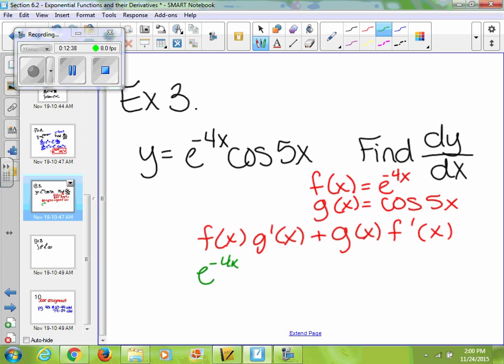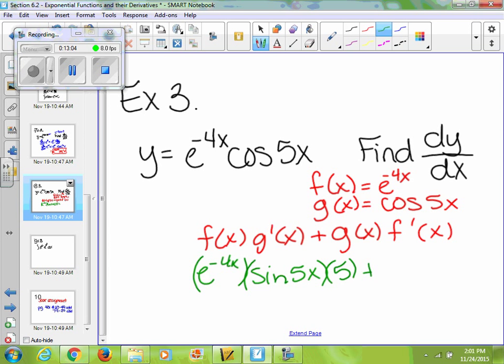Let's start with that. Sine. Okay. So the derivative of cosine of 5x would be sine of 5x times the derivative of the inside. So what's the derivative of 5x? Derivative, not inverse. 5, right? Derivative of 5x is just 5.